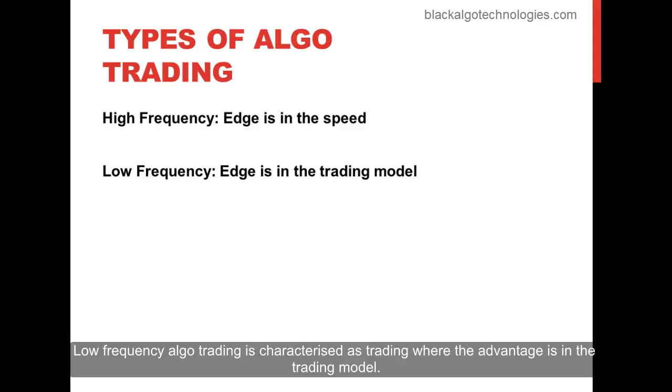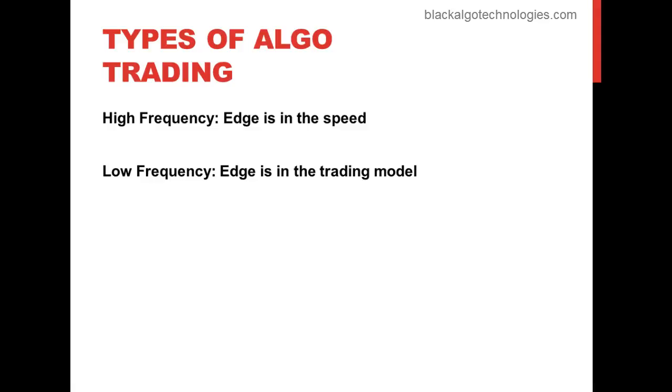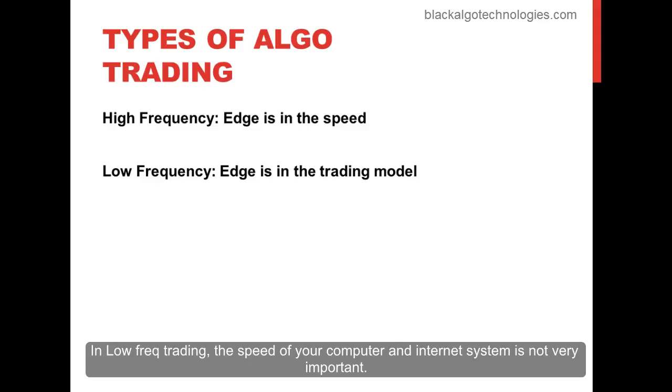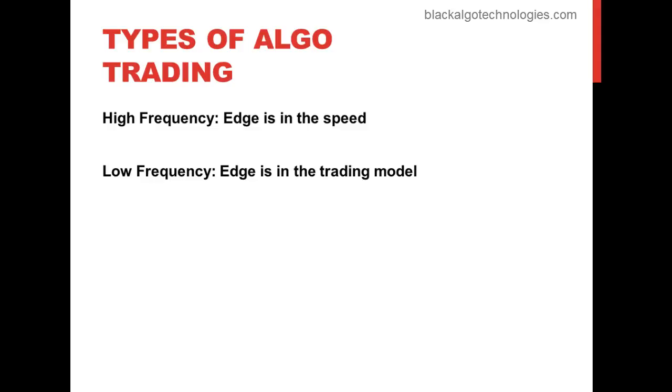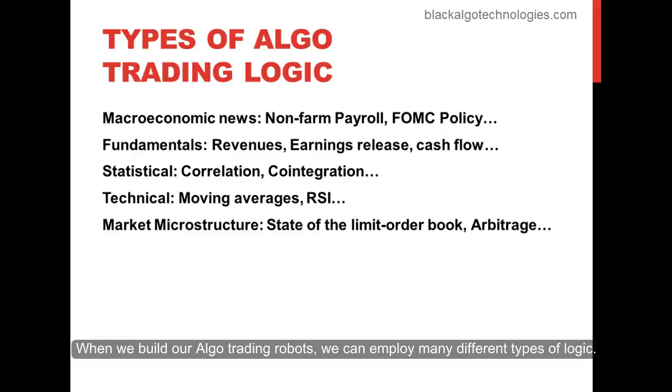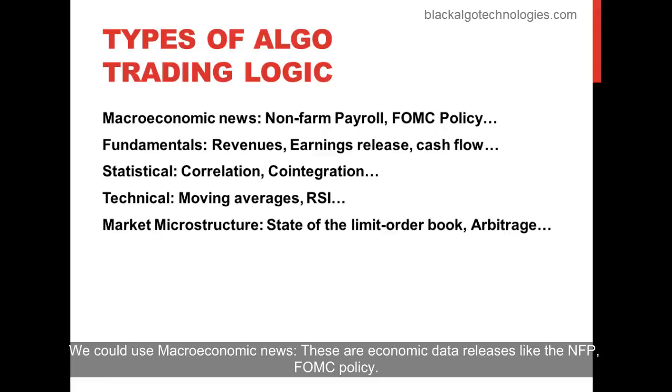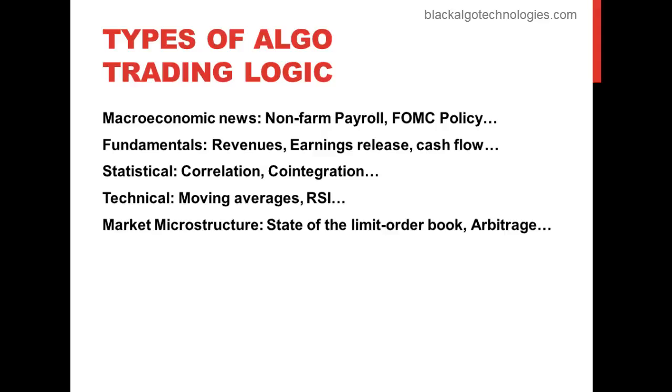Low frequency algorithmic trading is characterized as trading where the advantage is in the trading model. In low frequency trading, the speed of your computer system is not that important. When we build our algorithmic trading robots, there could be many different types of logic that we use. Say we could use macroeconomic news. These are economic data releases like the non-farm payroll or the FOMC policy.